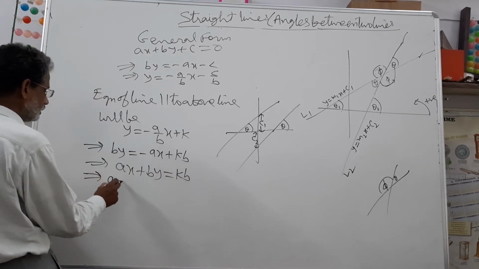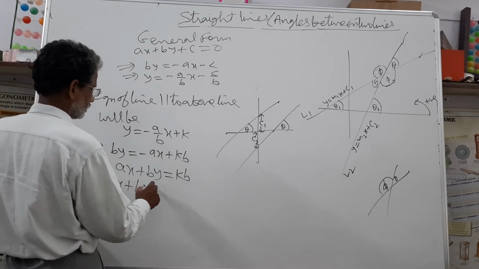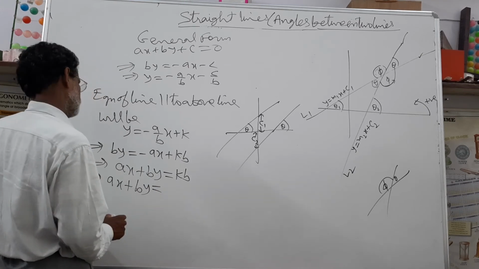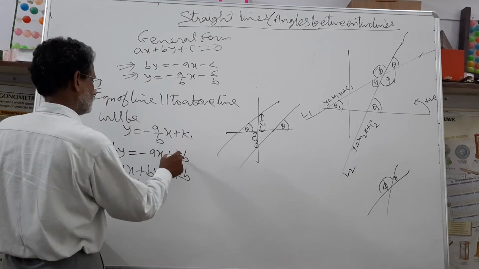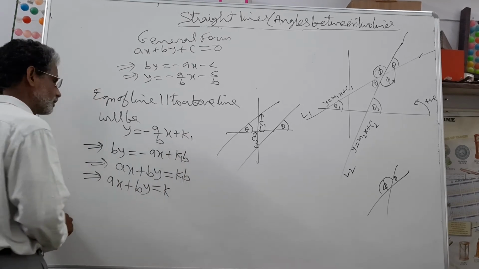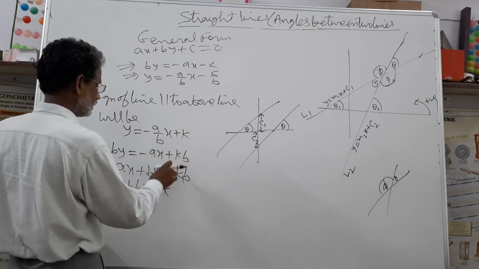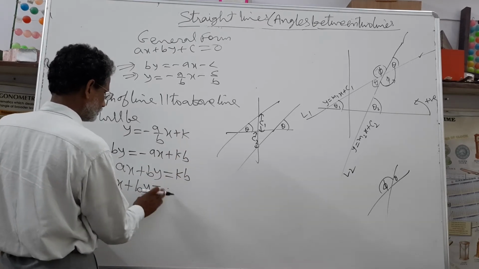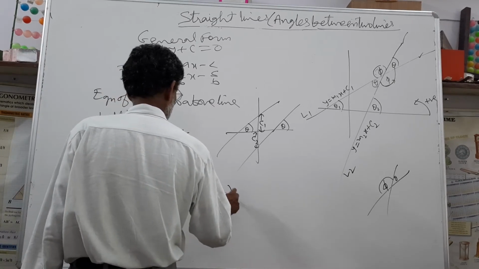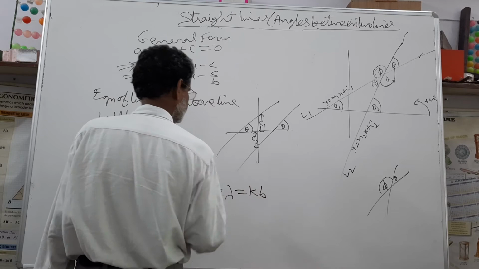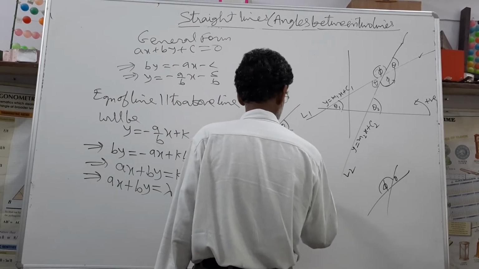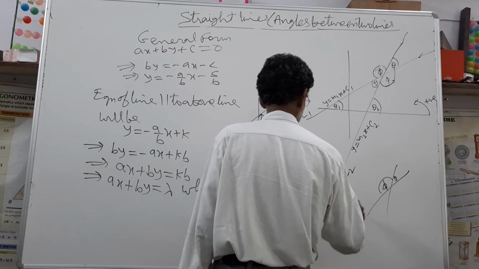This implies ax plus by is equal to, let this be k1, or select k, and here select lambda, where lambda is equal to kb. This is the Greek letter lambda.